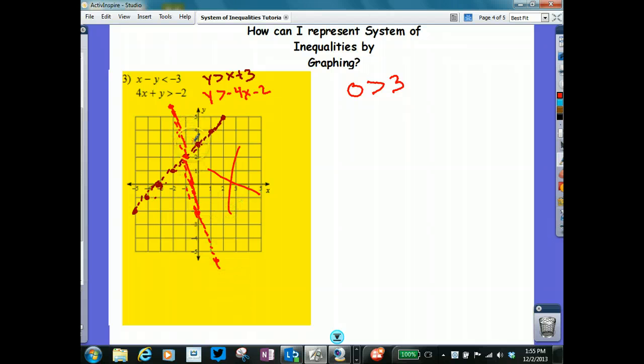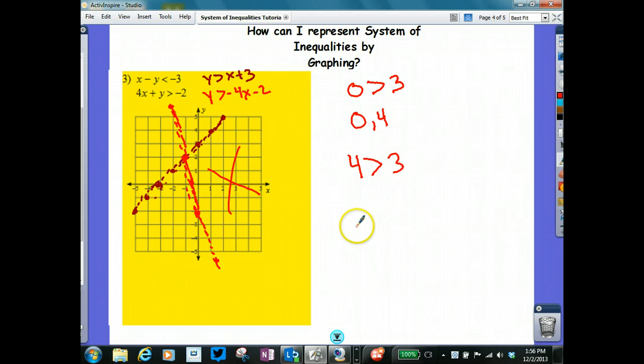So let's check this little area right here, and work our way around. Let's use the coordinate pair 0, 4, because that's one that's in this little area here. So I have 4 is going to be greater than 0 plus 3. Well, 4 is greater than 3.